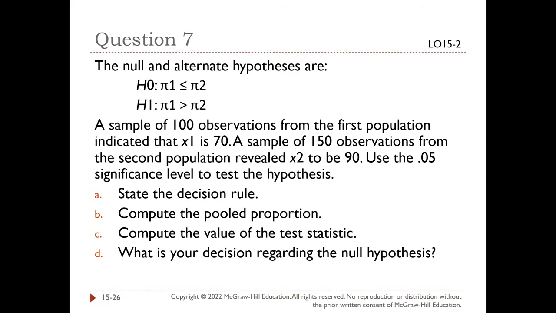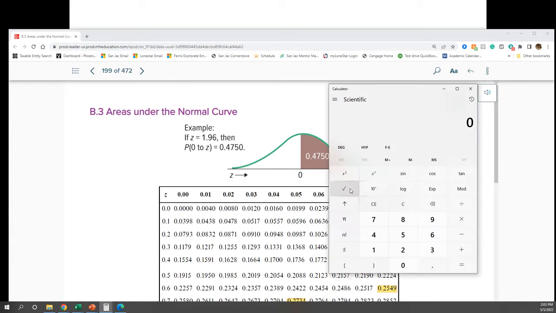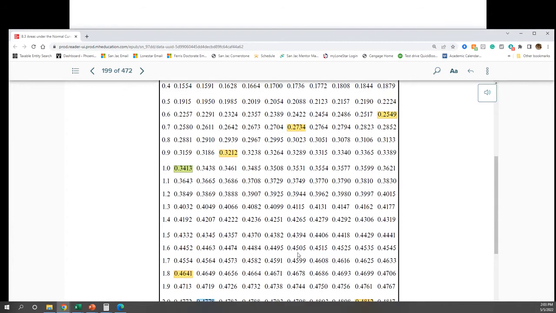But using our handy dandy table, we actually know it's one tail. So, calculator: 0.5 minus 0.05 will leave us with 0.45. So we need to go find that number.